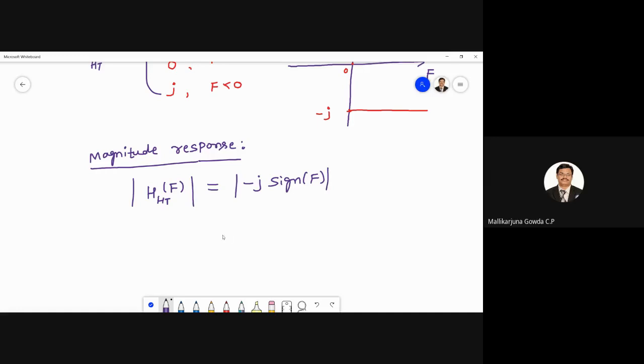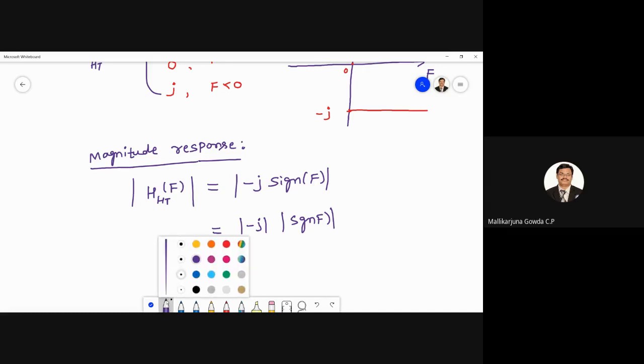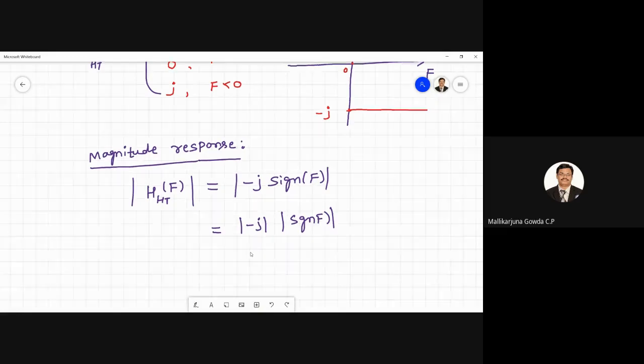So which is equal to what I can write? The first component, that is minus j, and next you can segregate, that is sin(mf), right? So what is the magnitude of minus j?